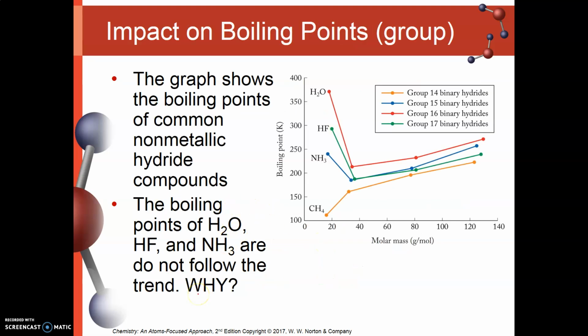Now, this particular graph represents an interesting trend, because what we can see is the boiling points for a series of molecular substances, starting down here with methane, CH4, and rising all the way up to water, H2O. And these are all hydrides.